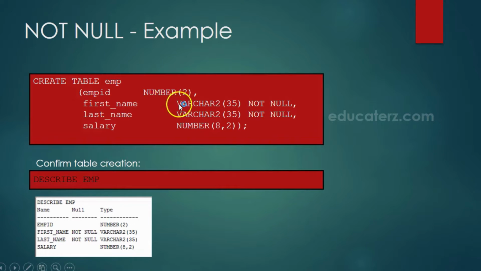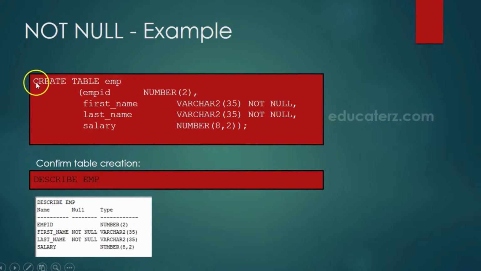First name varchar 235 not null, and last name varchar 235 not null. This not null indicates that the last name column cannot be empty. You have to insert the values while inserting the record. That is the criteria. This is the condition or constraint. Not null is the constraint. Salary, we have number, where 8 is the precision and 2 is the scale.